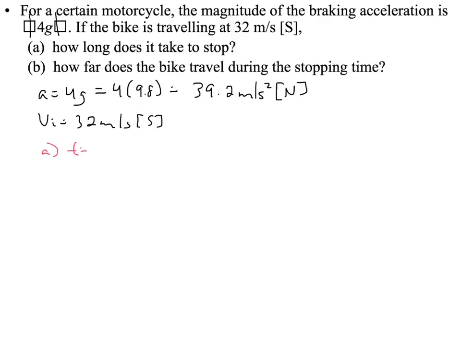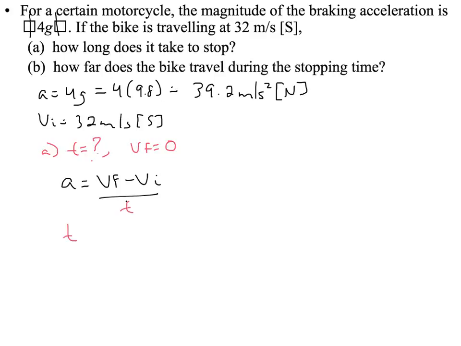Well, then it is t is equal to 0. Since we're looking for it to stop, we know VF is also equal to 0. We know t is the question. And VF is equal to 0. Sorry, getting a little ahead of myself here. So we need an equation. Okay. So let's use our basic A equals VF minus VI over T. And T is what we're looking for. We do some rearranging.